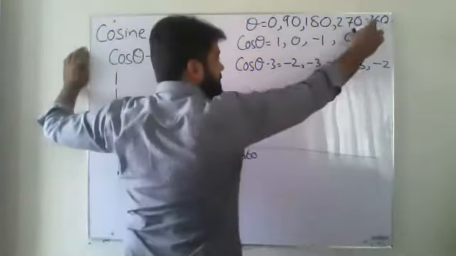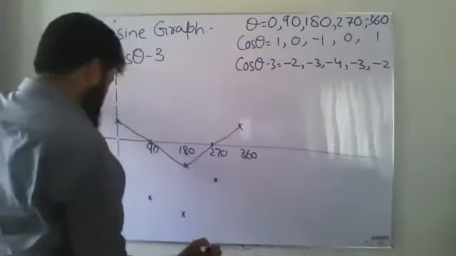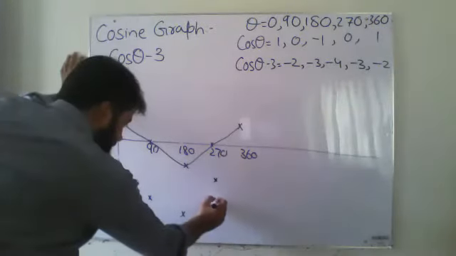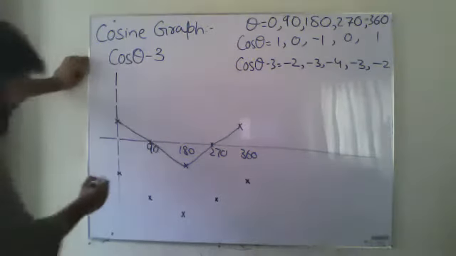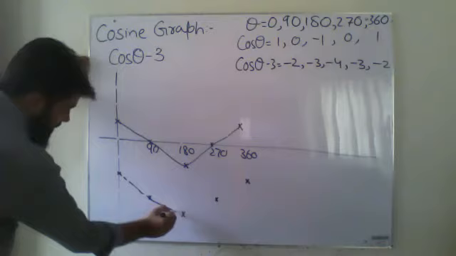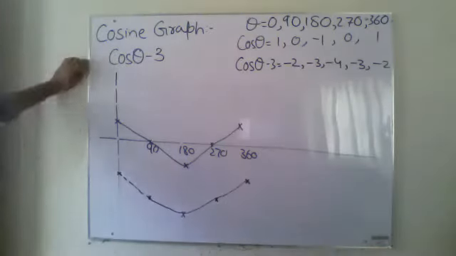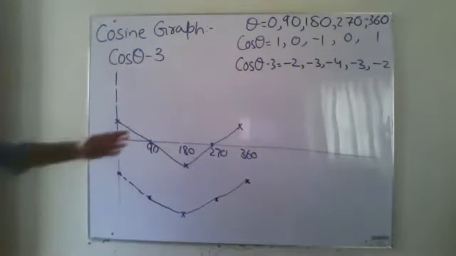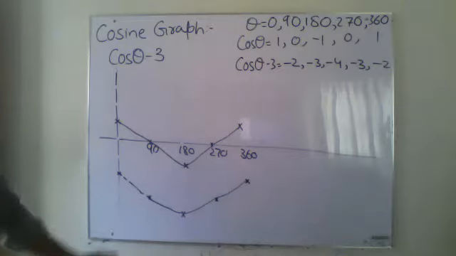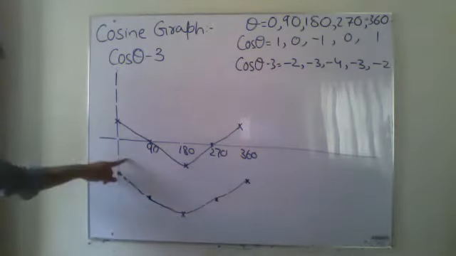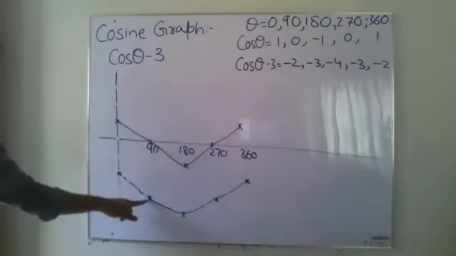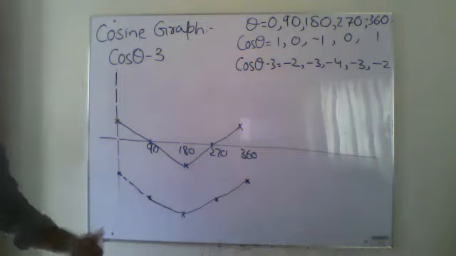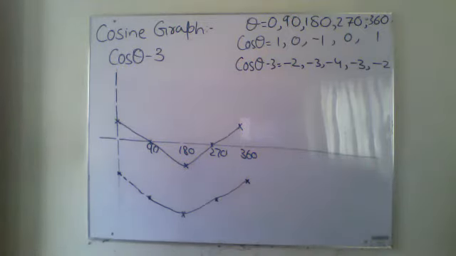And on 360 degrees I will have -2. So when I make it, see, the whole graph is shifted downward by 3 points. This was -1, now it is -4. This was 0, now it is -3. This is how we are going to have changes over there.